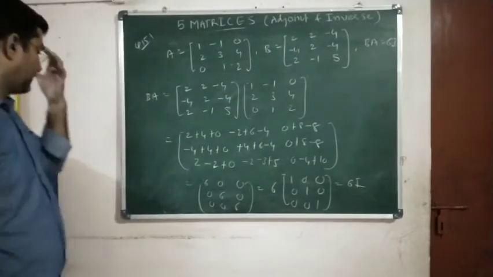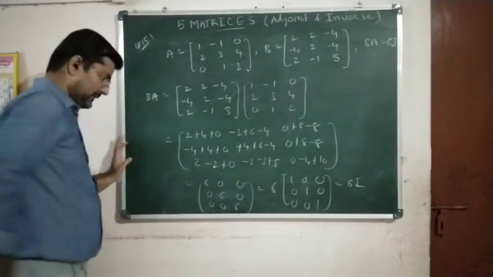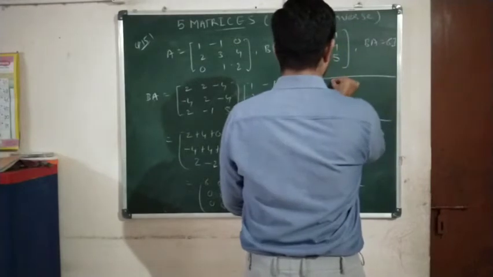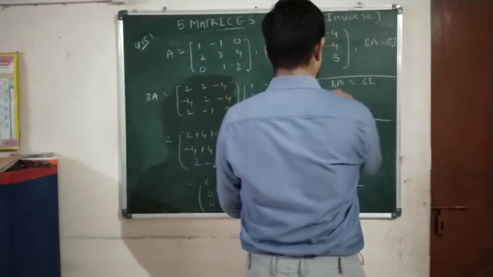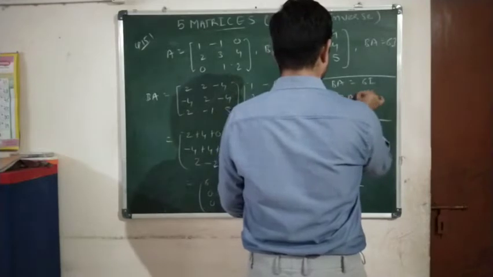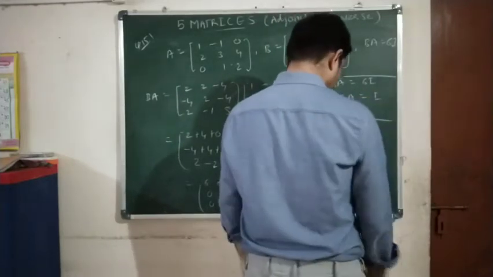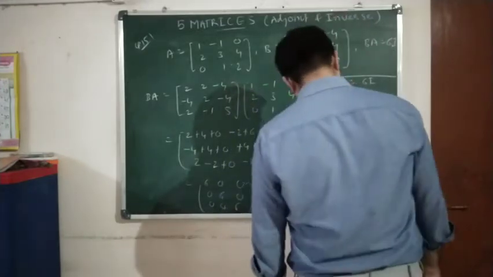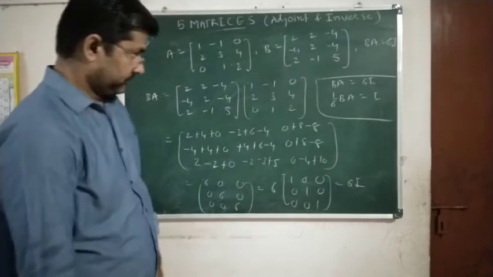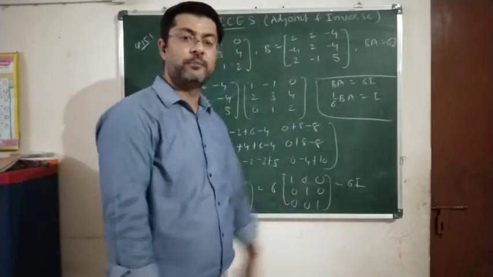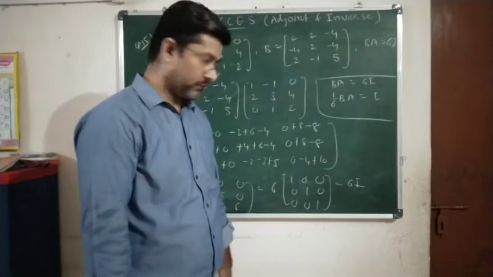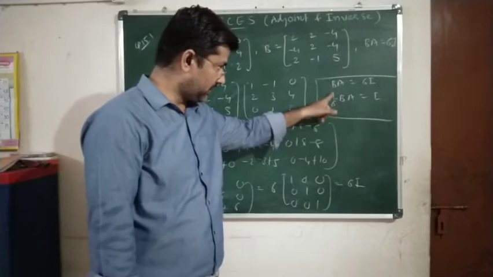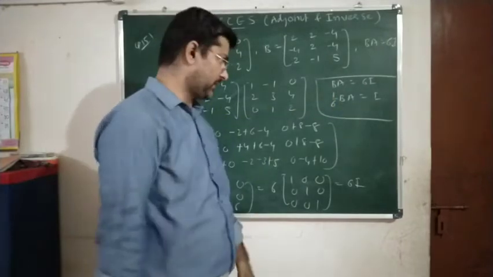Since BA is equal to 6I, therefore 1 by 6B into A is equal to I. Yes or no? Okay, or we can say that inverse of A is 1 upon 6B. Clear? So inverse of A is 1 upon 6B, or inverse of B is 1 upon 6A.